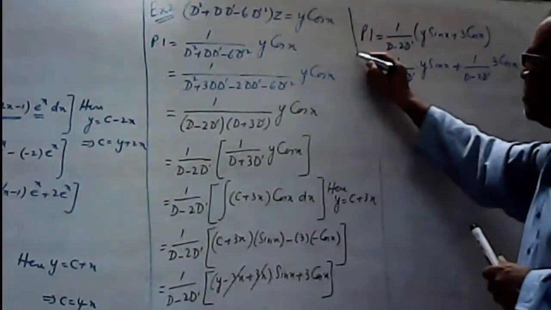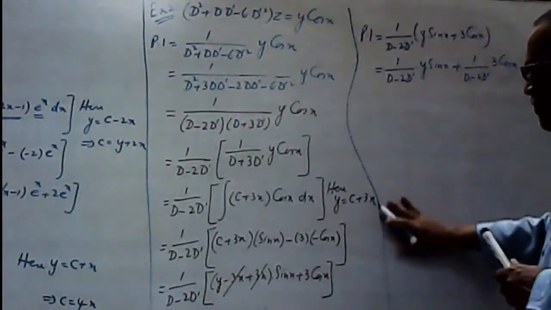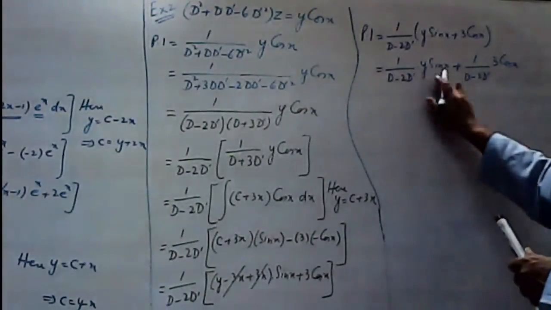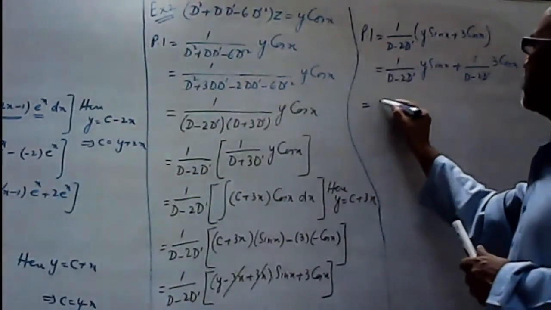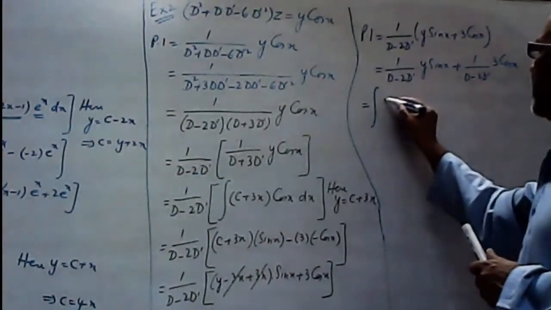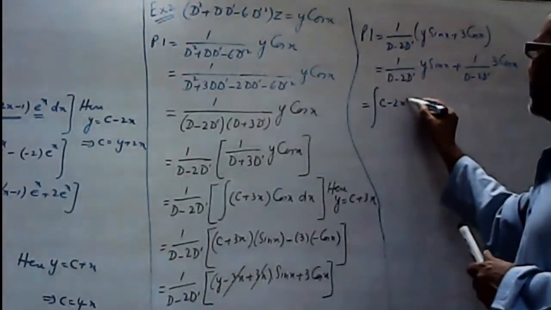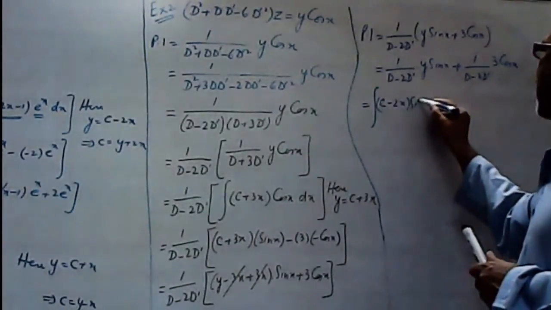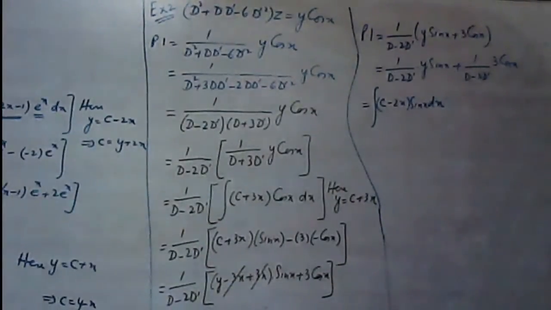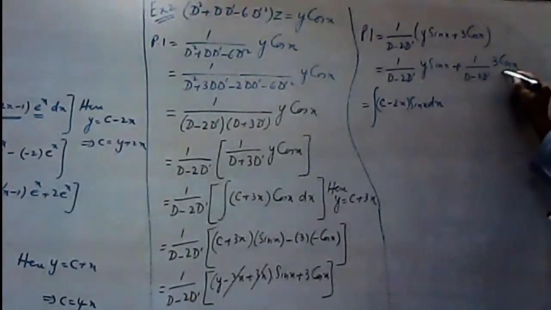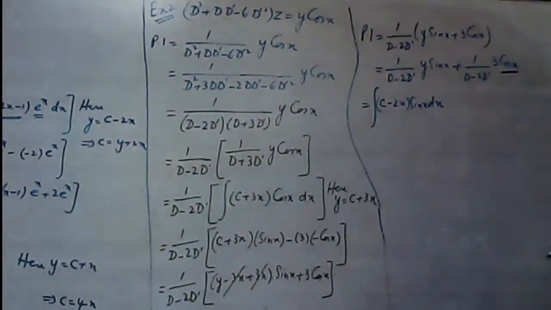If this is the question, then applying the same method on this term, we have the integral, in place of y I write c - 2x, sin x dx. For this method this is only a single term, and the term belongs to method number 2.